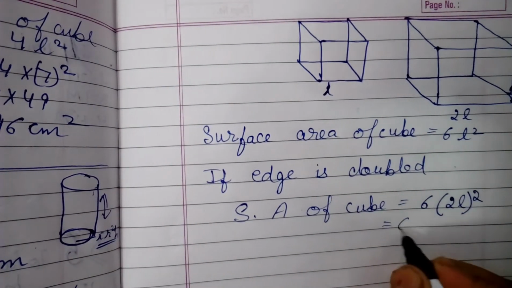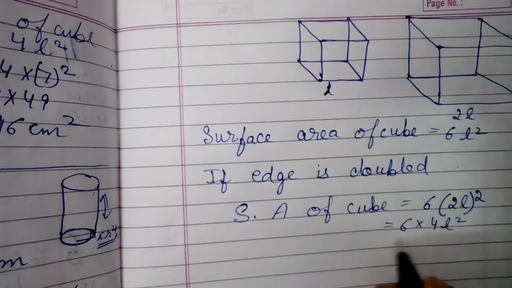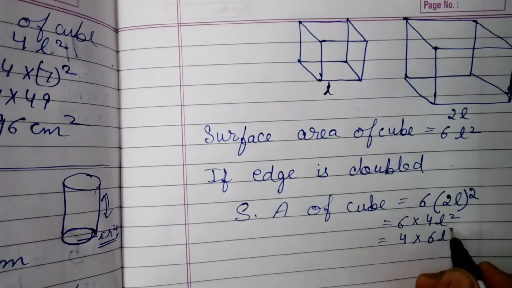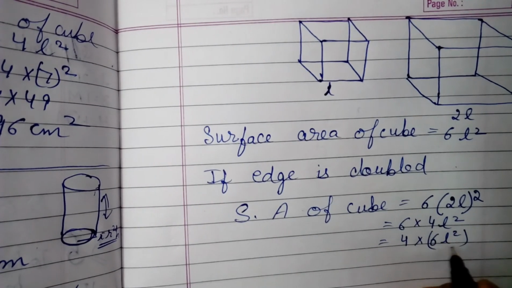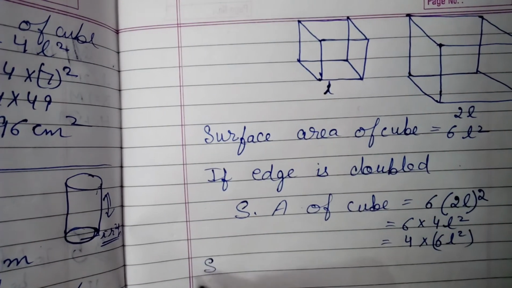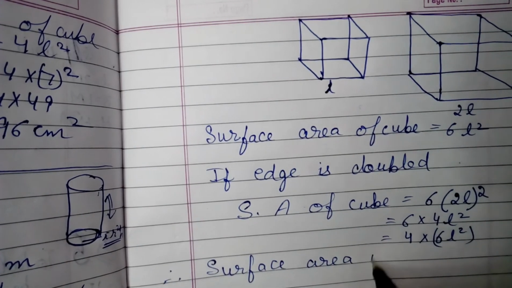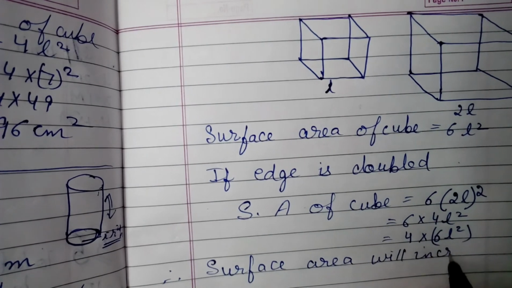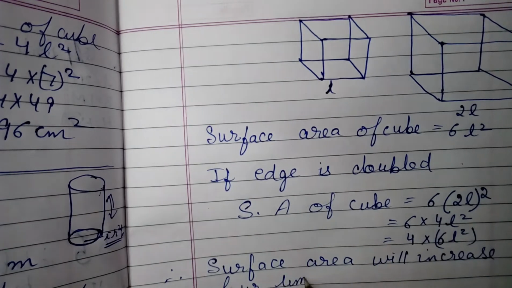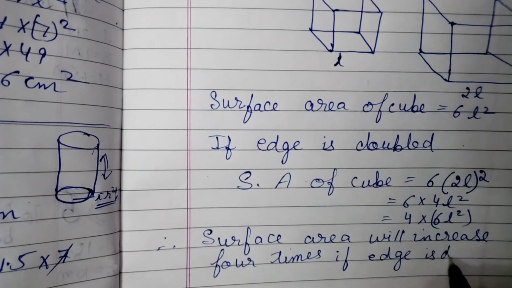Now 2 2s are 4 L square. So if I place 4 first and then 6L square, this is the surface area of our bigger cube. Therefore surface area will increase how many times? 4 times if the edge is doubled.